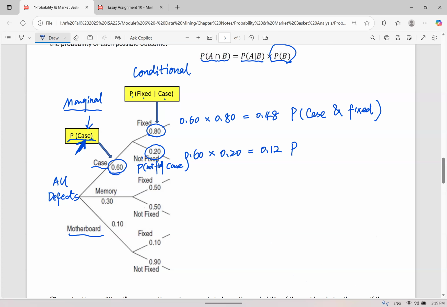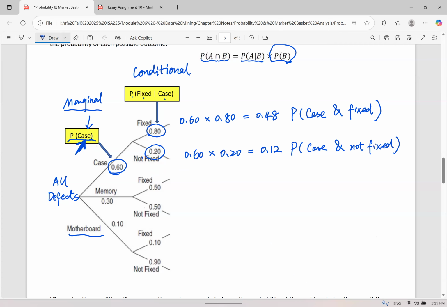So what is this 0.12 probability? If we consider this is A given B, and then this is still the probability of B, then we still get a joint probability. But now it is a case alignment problem and not fixed. Any questions? Good. All right, now continue.